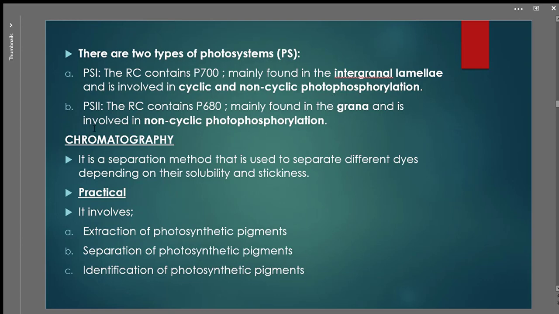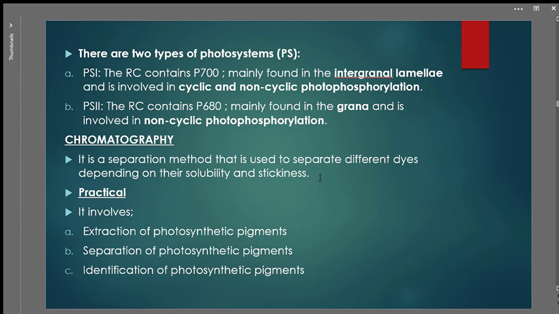Now, we have chromatography as a method that we will use to identify the various dyes or pigments that are found in the leaves. This is a method that you have come across in chemistry, where you learn how to separate the various dyes depending on how soluble they are in the specific solvent that you are using and how much they stick to the adsorbent material, let's say a filter paper.